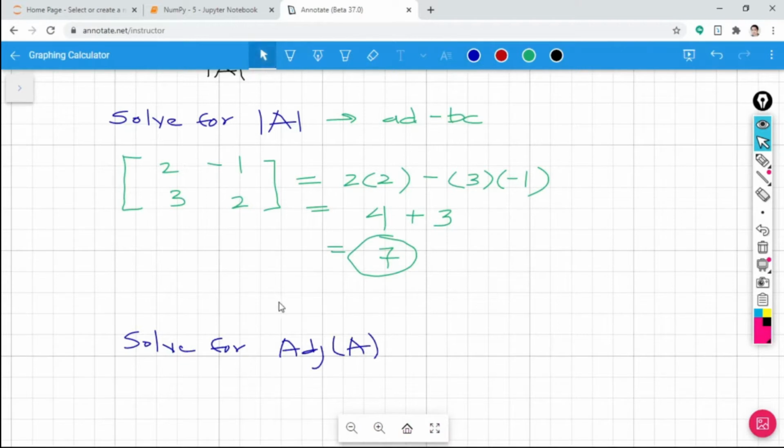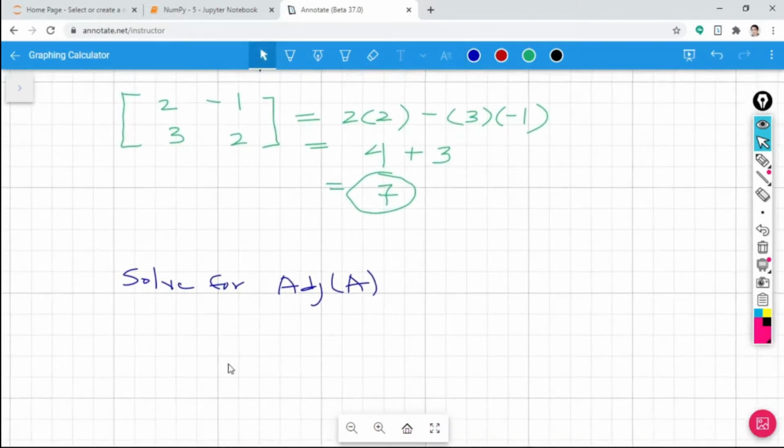Okay, so what you will do is this one. You just flip this 2, which is A, B, C, D. You just flip this one. So let me write this one. So for a 2 by 2 matrix, so let me write again.